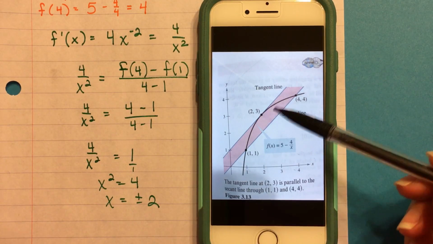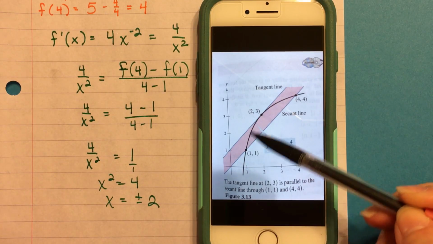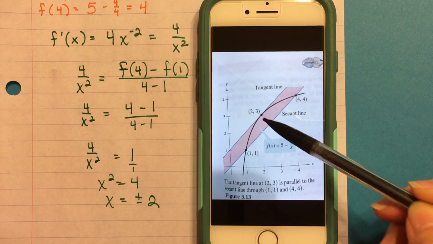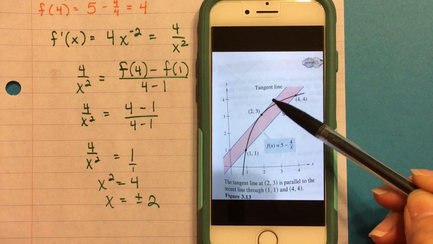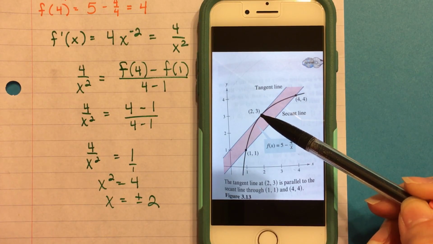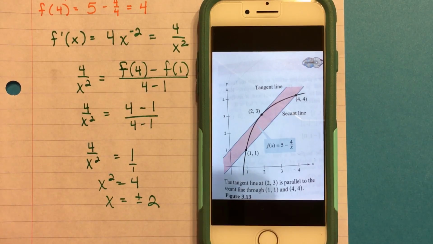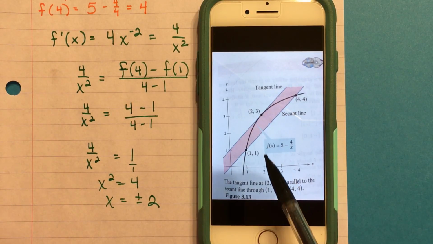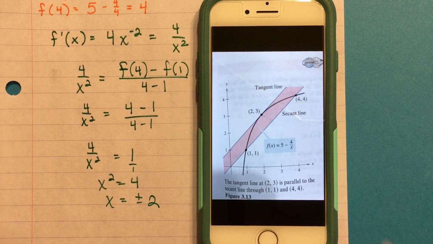And what you have done is you have found the point between these 2 points that would have a tangent line of 1. So if your secant line has a slope of 1, then you're looking for the point that would have a tangent line that would also have a slope of 1. And of course, that's what you located when we said, okay, this c value, or this x that's between 1 and 4, would have to occur at 2.